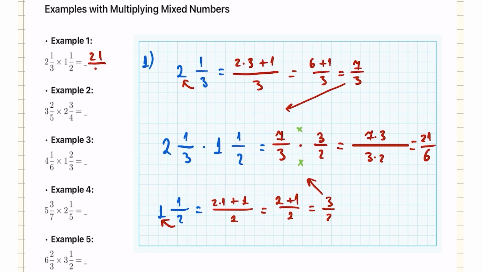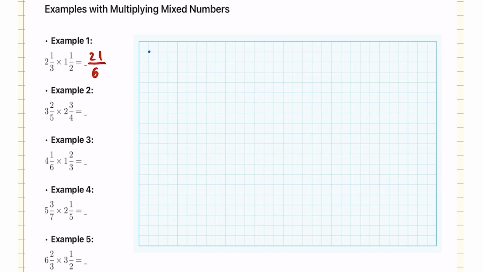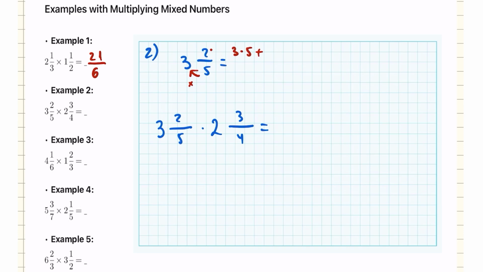21 over 6. Now number 2, we have 3 and 2 over 5 multiplied by 2 and 3 over 4. We are doing the same thing. At first we need to convert. So the first mixed number, 3 and 2 over 5. We multiply 3 times 5 plus the top part, 2, and the denominator stays the same, 5.